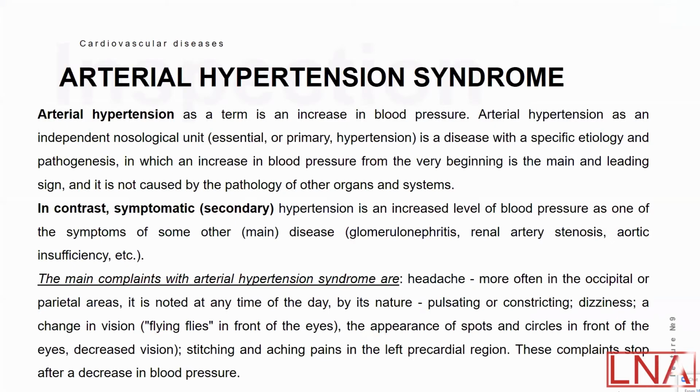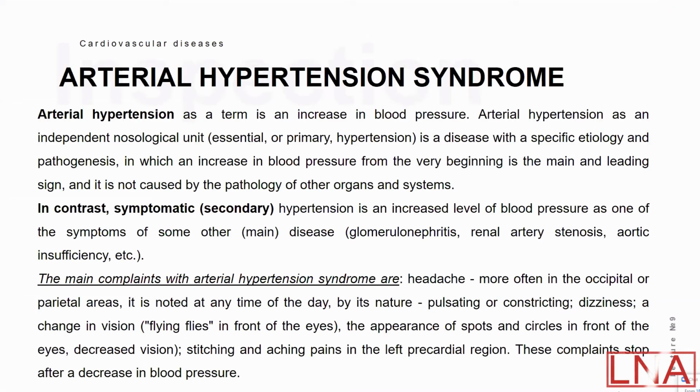Next, arterial hypertension syndrome. Arterial hypertension is a term for an increase in the level of blood pressure. Essential or primary hypertension is an independent nosological unit, a disease with a specific etiology and pathogenesis, in which an increase in blood pressure from the very beginning is the main and leading sign, and it's not caused by the pathology of other organs and systems.